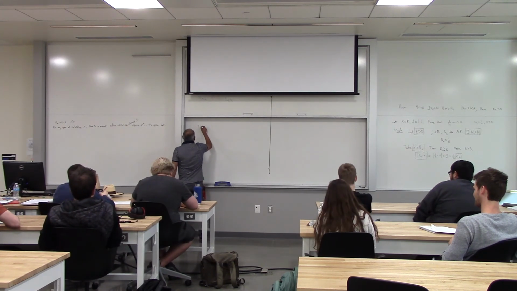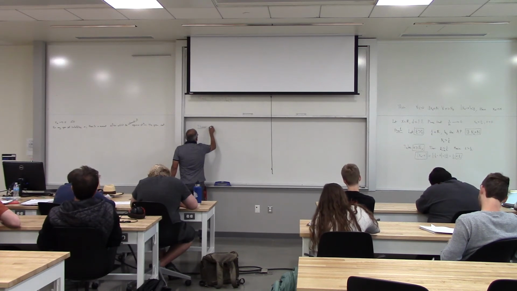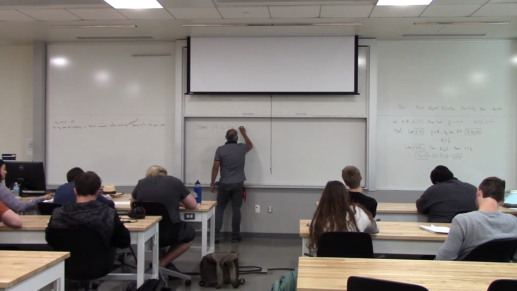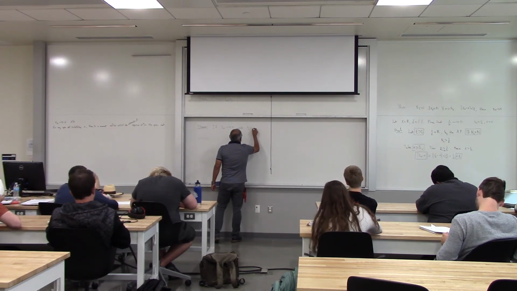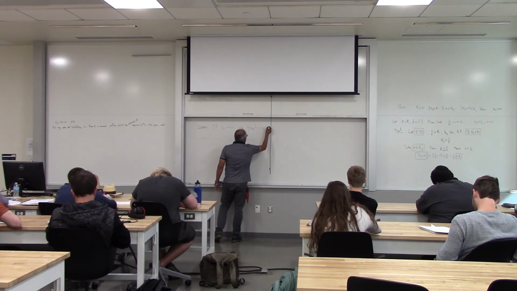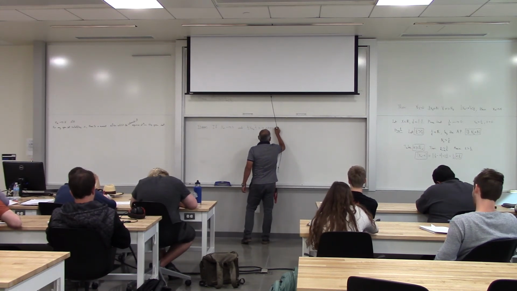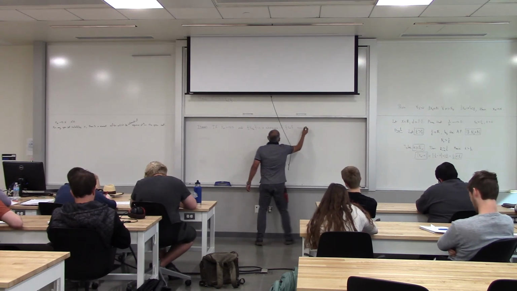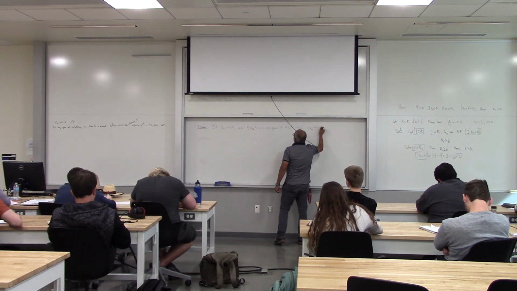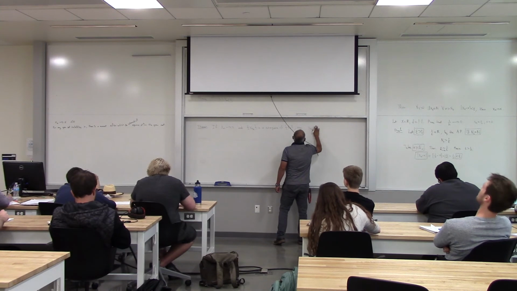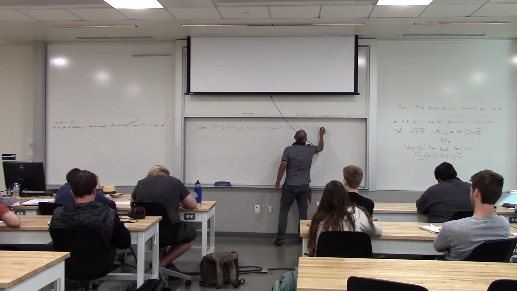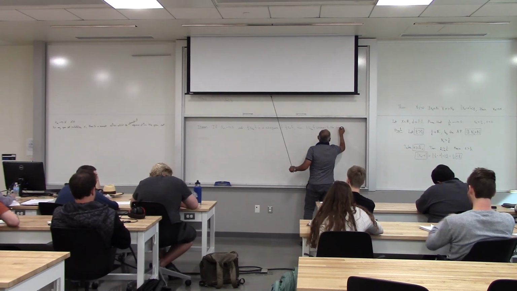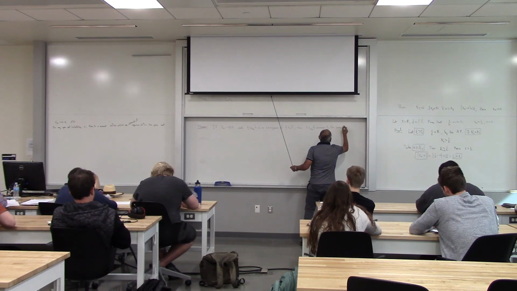The theorem is: if xn converges to x and xnk is a subsequence of xn, then xnk converges to the same point.